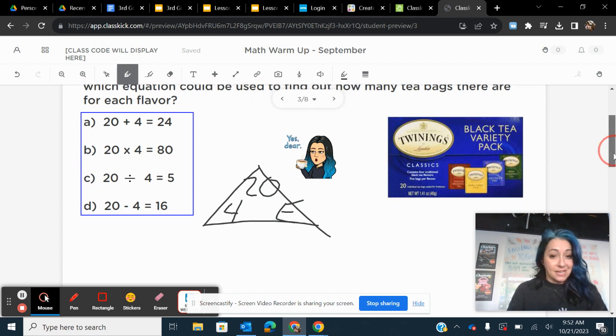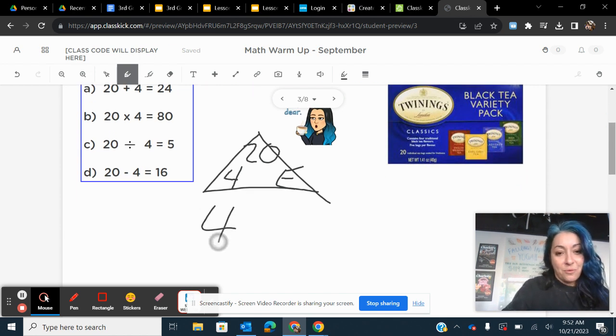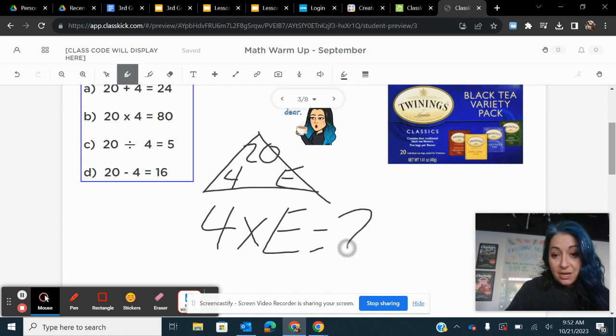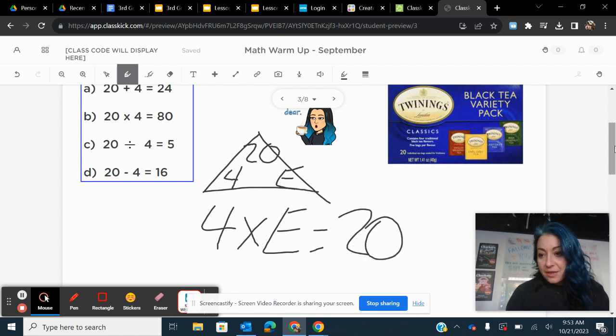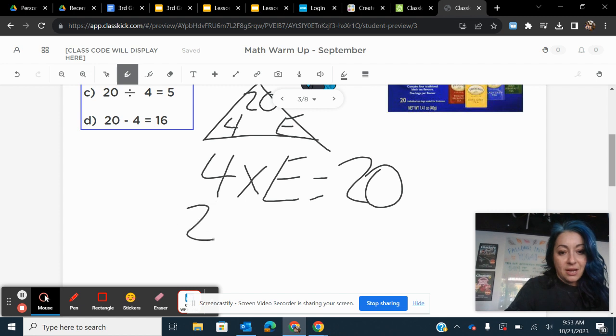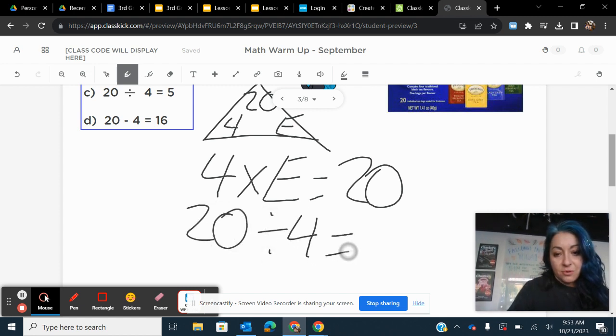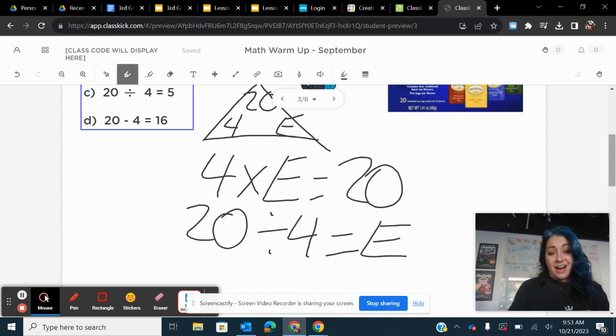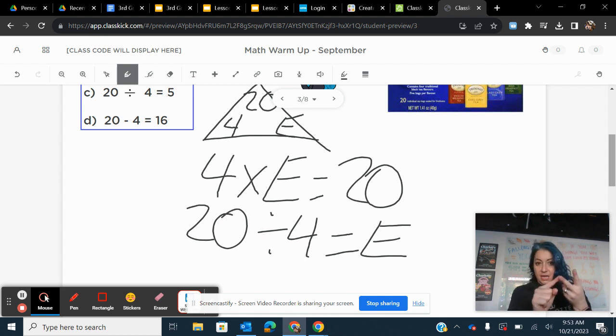Again, there are 2 ways I can solve this. I can think 4 times E equals 20, or I can think 20 divided by 4 equals E. I can also count by 4s until I get to 20. 4, 8, 12, 16, 20. I counted by 4 five times.